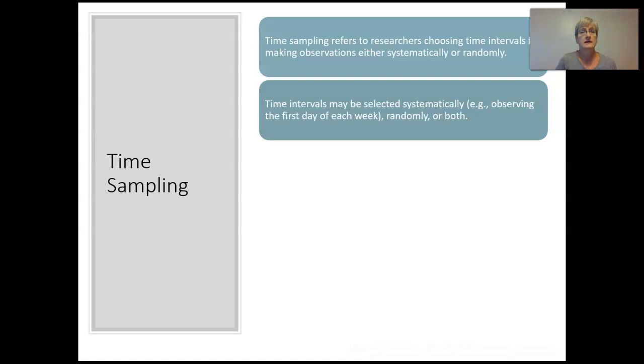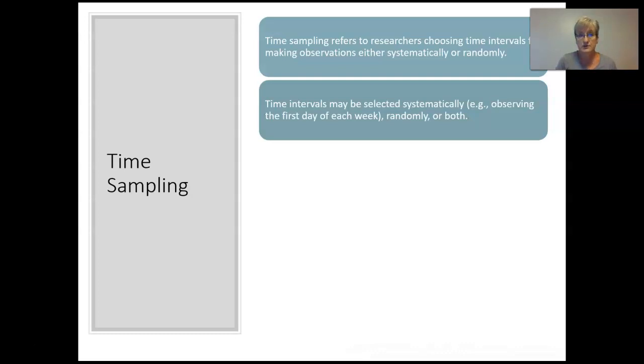And some of the articles that they read used this kind of time sampling procedure, where participants were to record their thoughts first thing in the morning every Monday morning. So that's an example of a systematic approach.